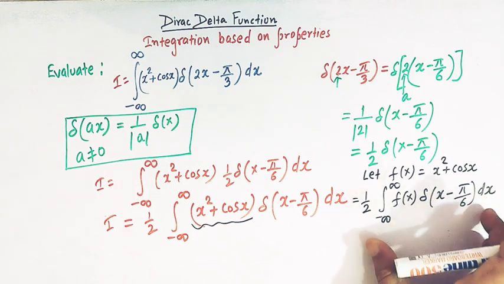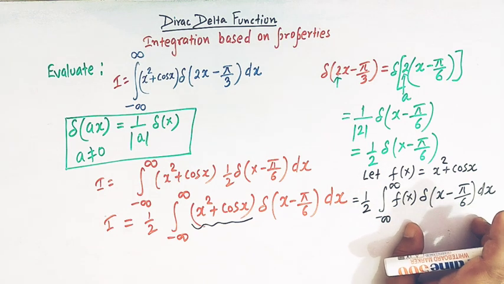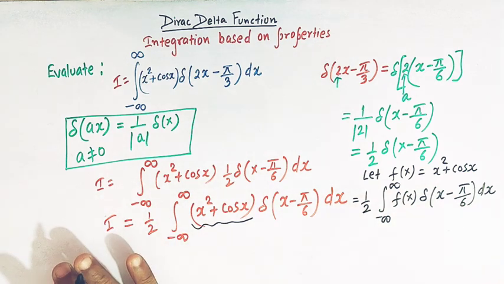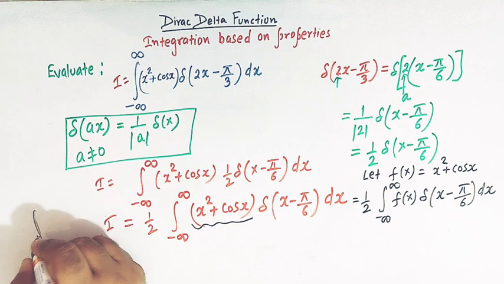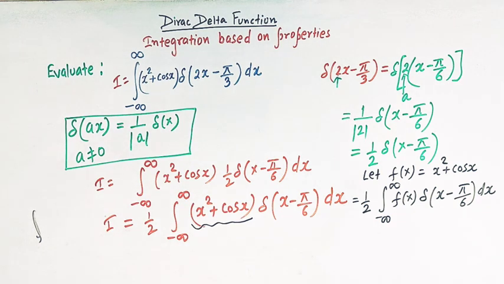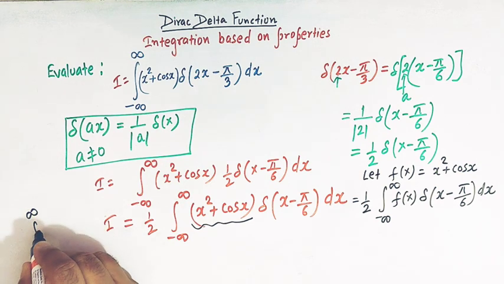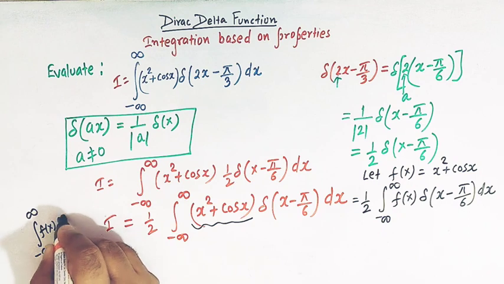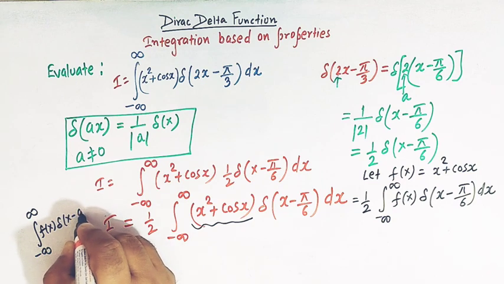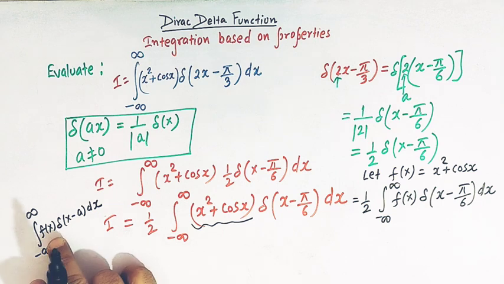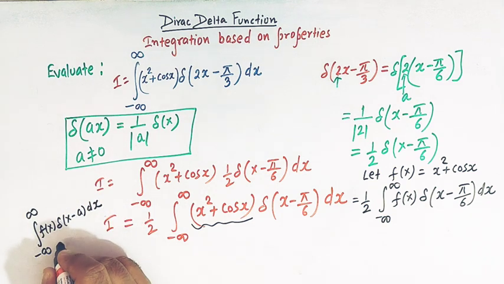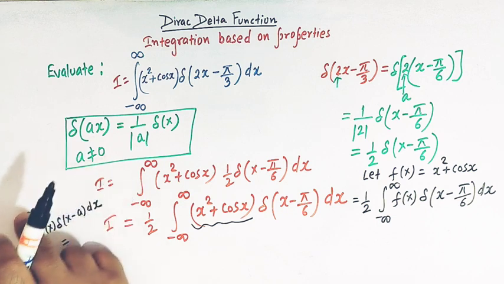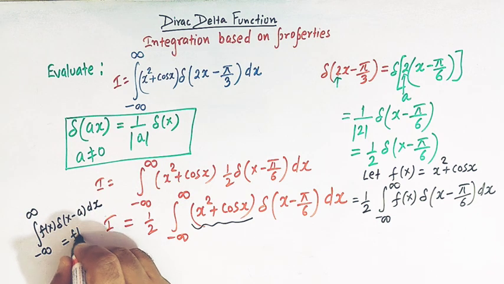In order to evaluate this integral, let us take the definition of Dirac delta function. The Dirac delta function can also be defined through the integral from minus infinity to infinity of f of x delta of (x minus a) dx, and the value of this integral is f of a.